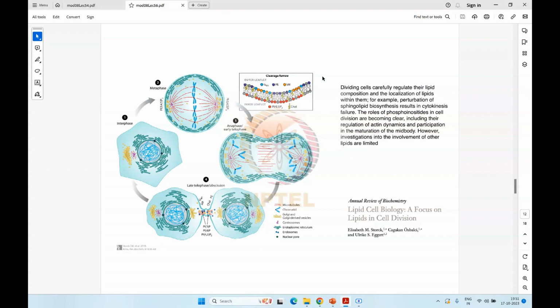During the G2 phase, they are also going to synthesize more lipids, and then it's going to merge into the plasma membrane, newly synthesized, depending upon whether they are supposed to be present in the outer or the inner leaflet. But there are still some open questions in this area.